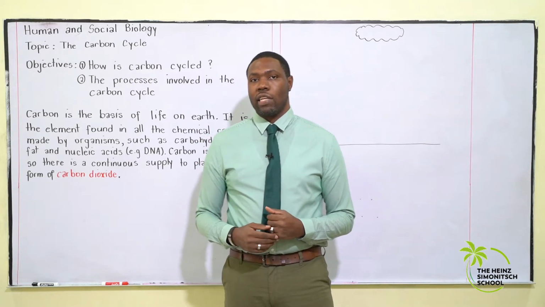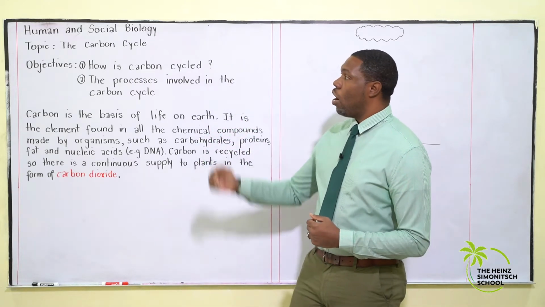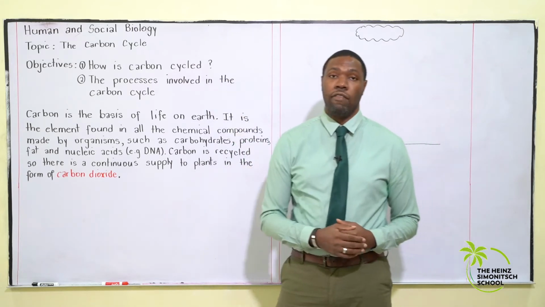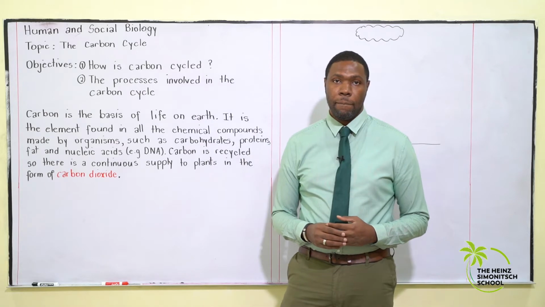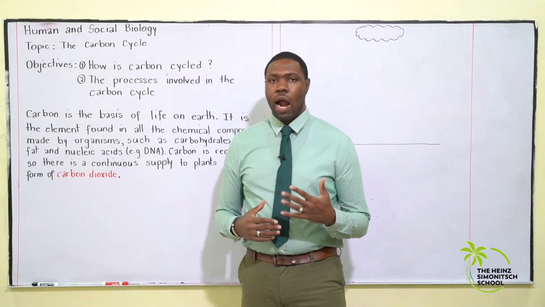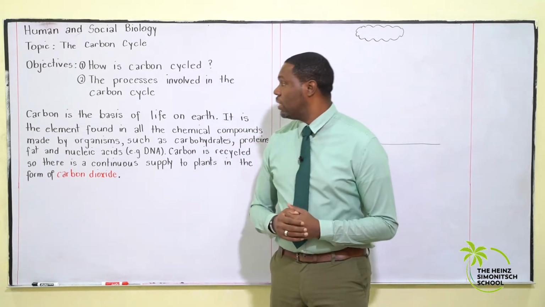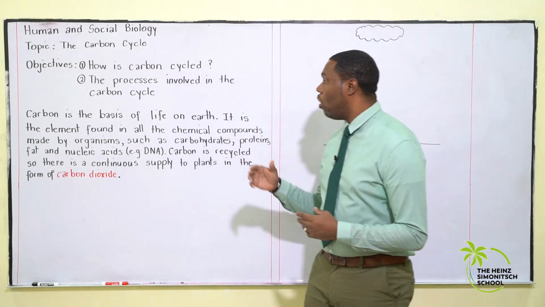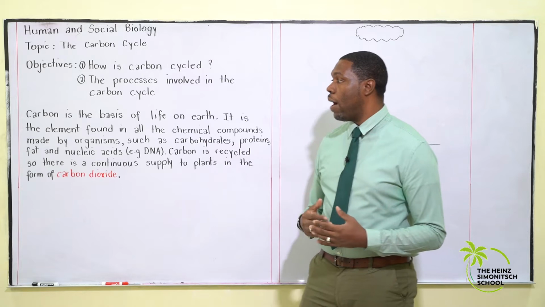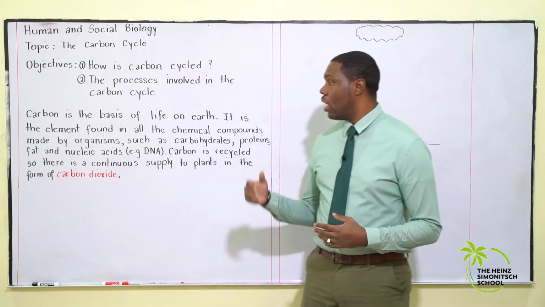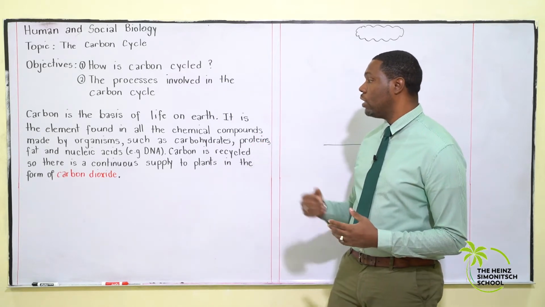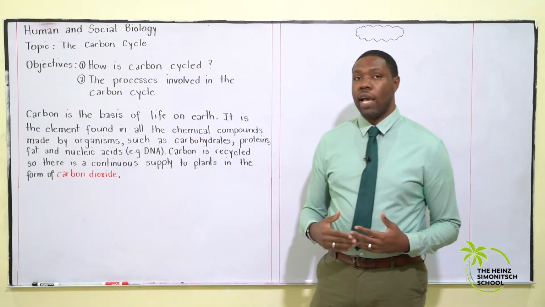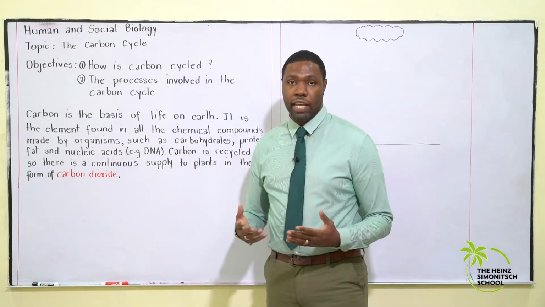Our objectives for this class are: how is carbon cycled, and the processes involved in the carbon cycle. Now, carbon is the basis of life on Earth. It is the element found in all chemical compounds made by organisms such as carbohydrates, protein, fat, and nucleic acids, which are DNA.